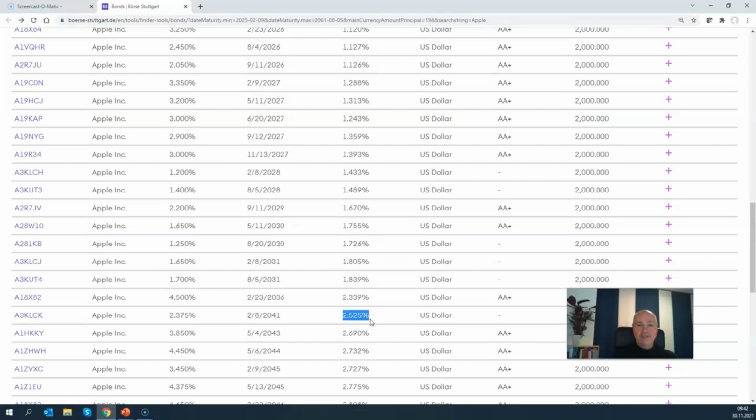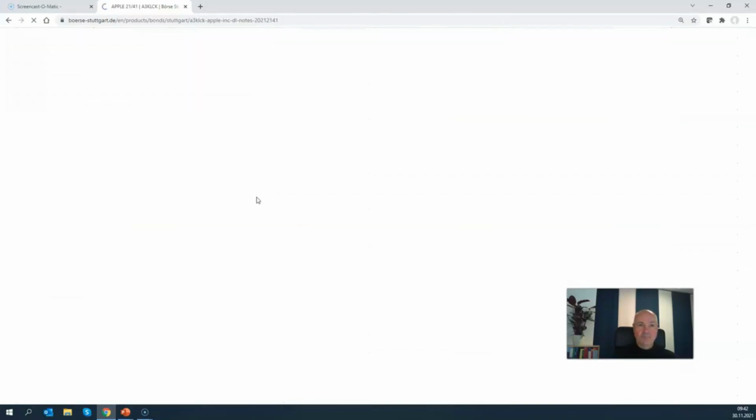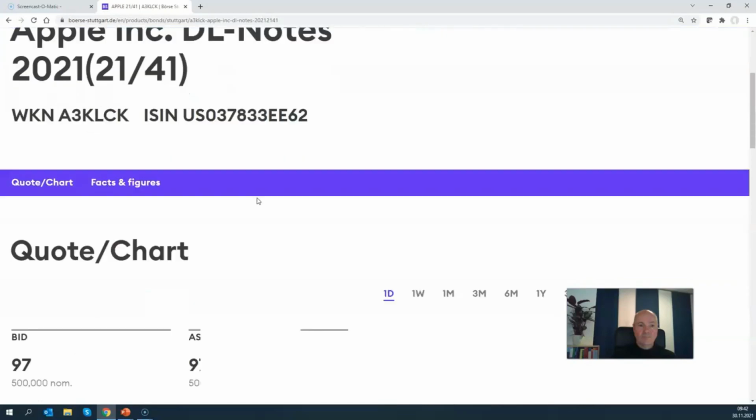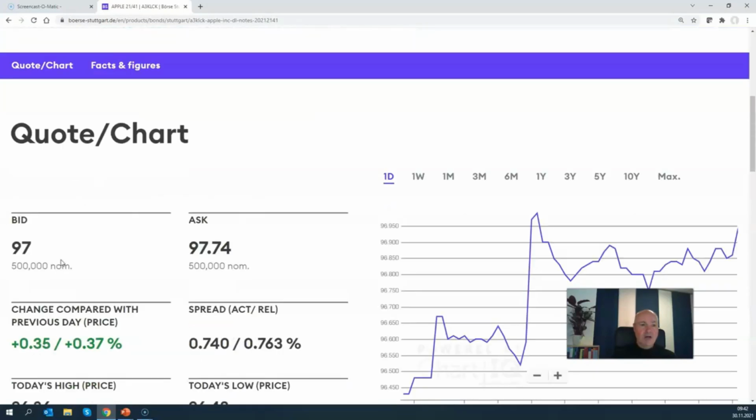Here we have a current yield of 2.525, while the coupon rate is 2.375. Meaning the current yield is higher than the coupon rate, so the bond is a discount bond. It's traded below 100, and if we look at the details of this bond, this will be confirmed. As we see, the bond is traded below 100%, at 97% to 97.74.